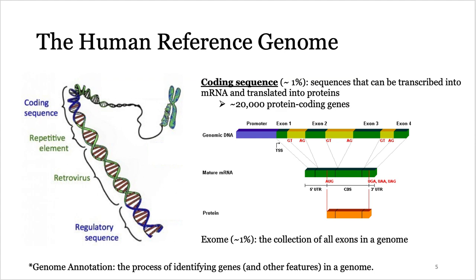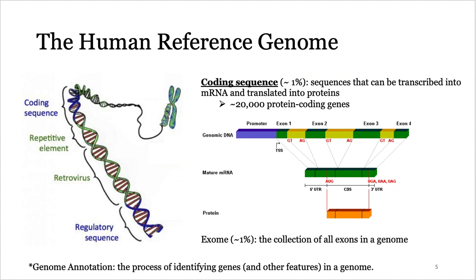And so originally, the most important aspect of the human genome was considered to be the coding sequence, the sequence that translates into protein. And you can see that only 1% of the human genome is actually translating into protein sequence.